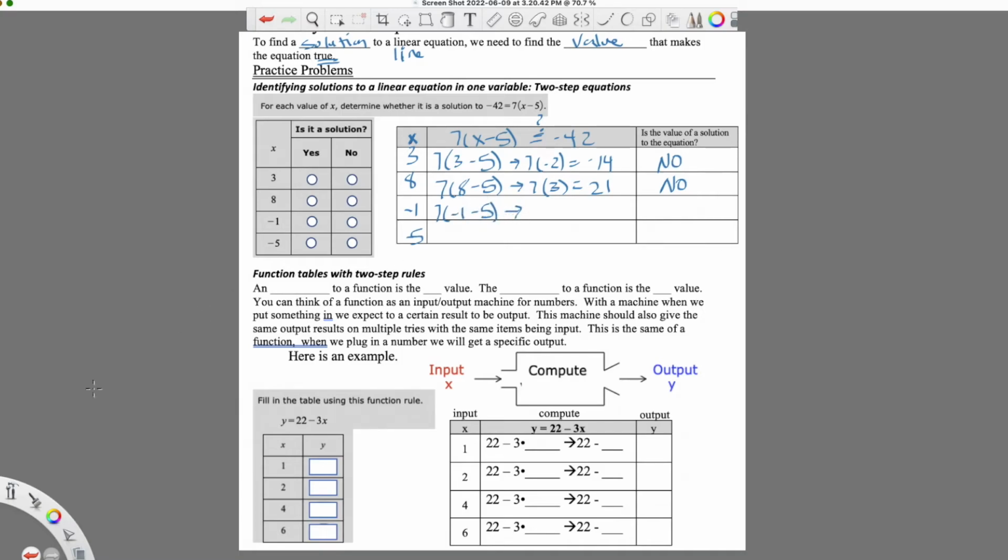Now remember, and I haven't brought it up again on this one, but you can use algebra tiles here. Depending on the center you're in, we may have them available to give you the actual algebra tiles, but you can always draw them. So when I'm looking at these, I have negative 5, 1, 2, 3, 4, 5, and they're all negative.